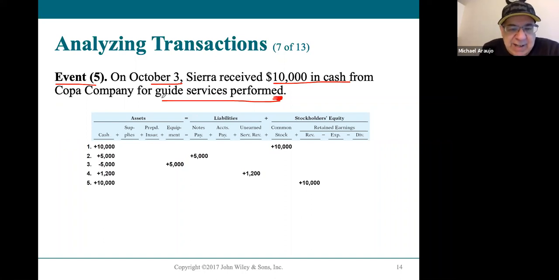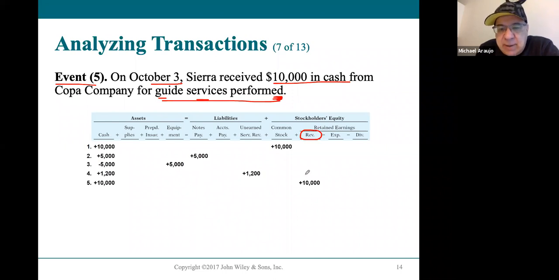So in this case, guided services performed means they've already given the tours. If they've already given the tours, they've earned the money. If they've earned the money, it's service revenue.